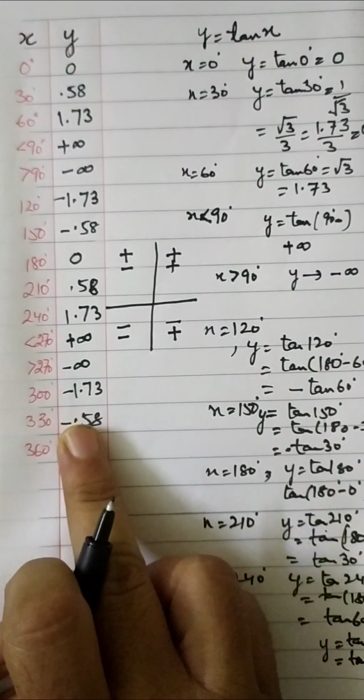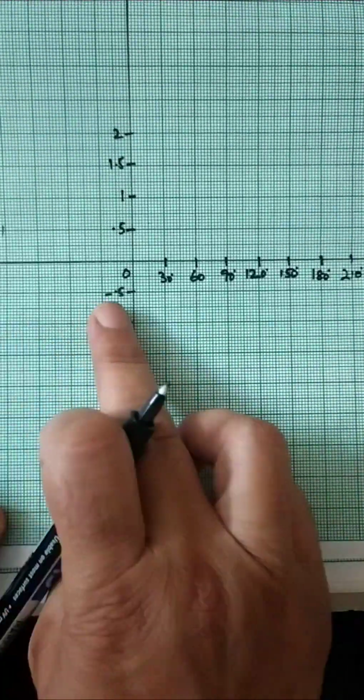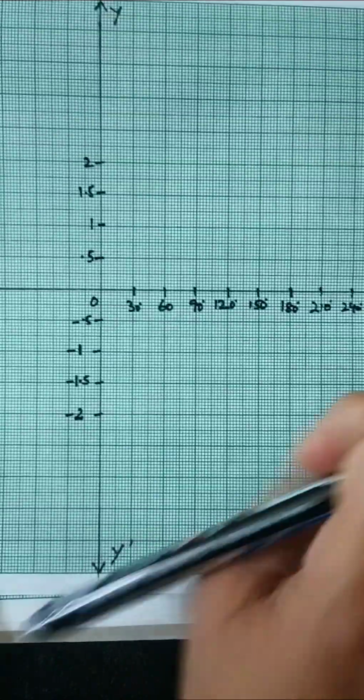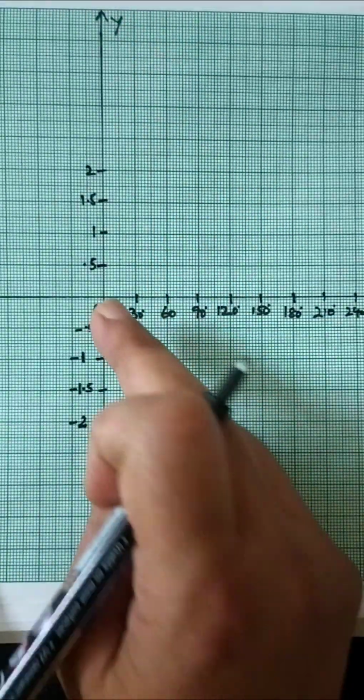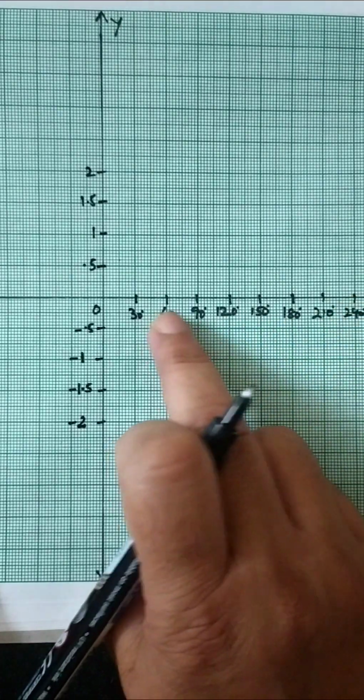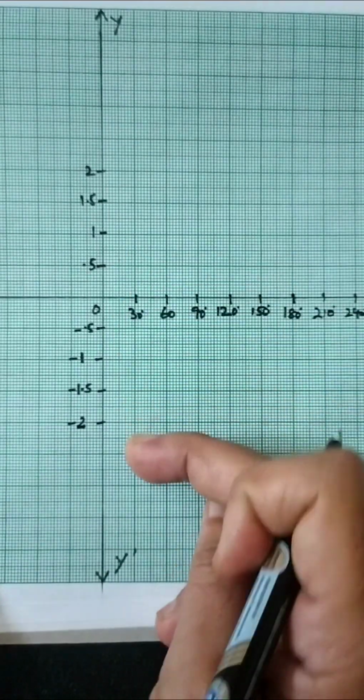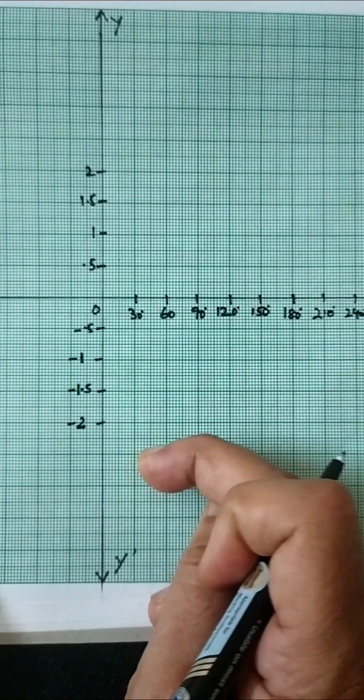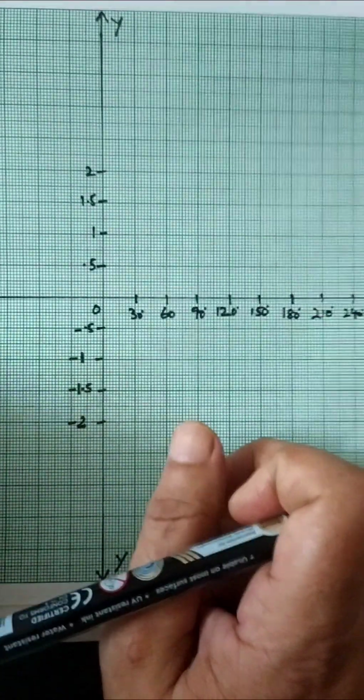So let us plot the graph keeping these values for tan. So here I have the x dash, x axis horizontal line, y dash. Along the x axis I have taken the angles, along the y axis I have taken the values for y, that is tan x, the magnitude.